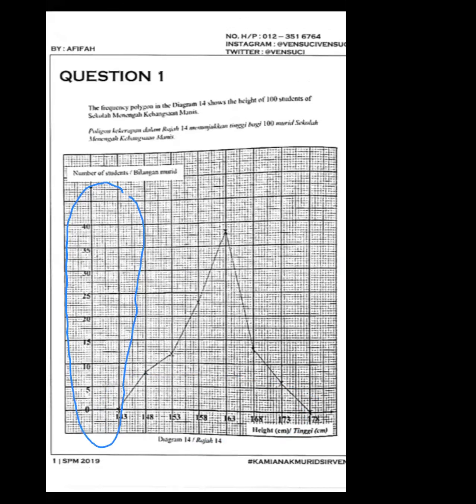The vertical axis is this one, the y-axis. Okay, then you know how to differentiate the horizontal axis and vertical axis as well. So it is time for you to draw an ogive for the data.